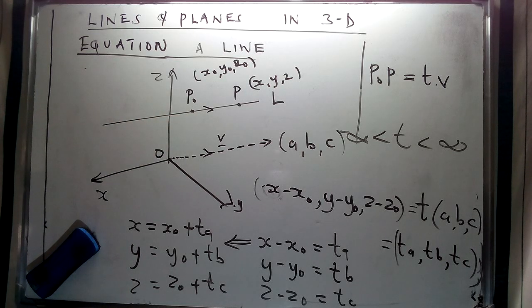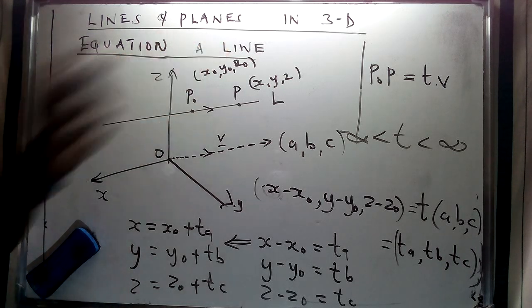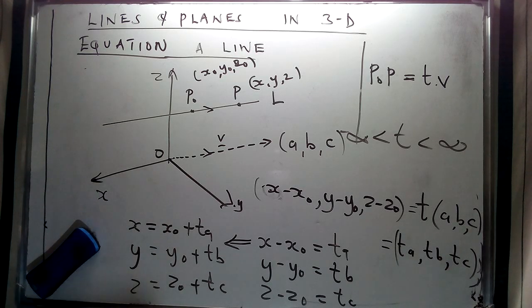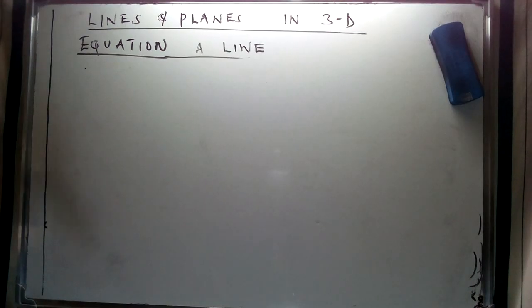So we can look at a general example, which is going to give us a clue on how to interpret the concept of a line in three-dimensional space. I'm just going to read the question so that we can extract the information.